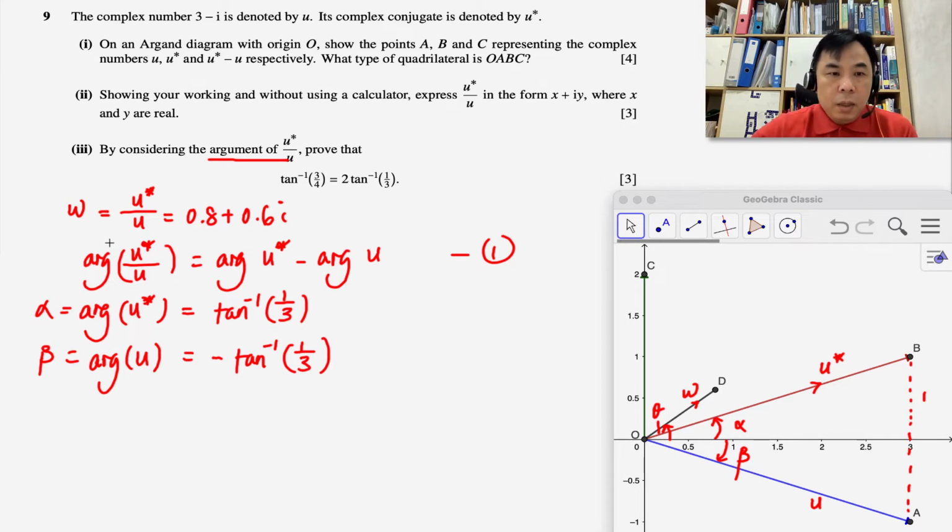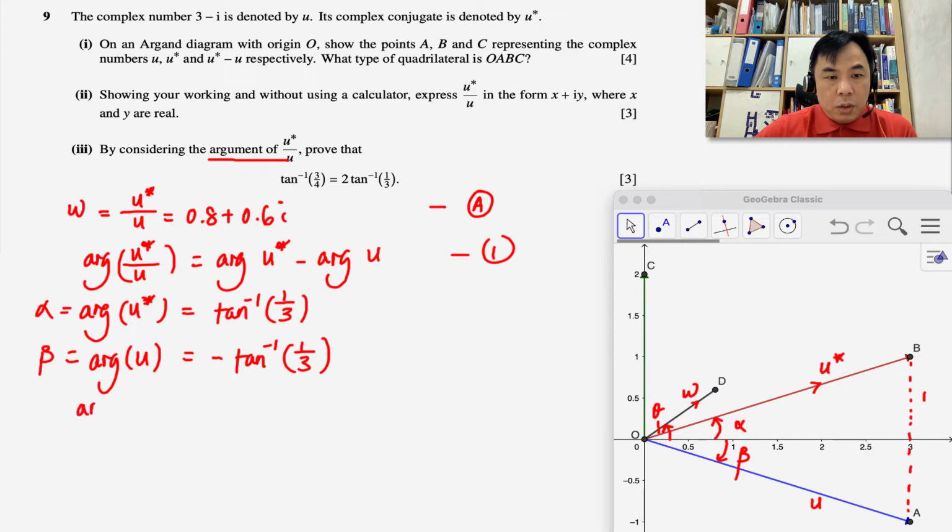Finally, we conclude that the difference between these is just 2 tangent inverse. But anyway, refer to the complex number that we have already obtained, representing this ratio here.